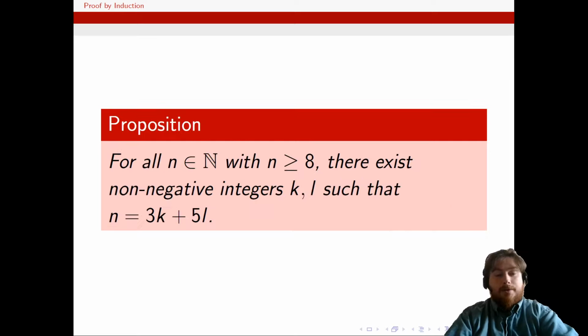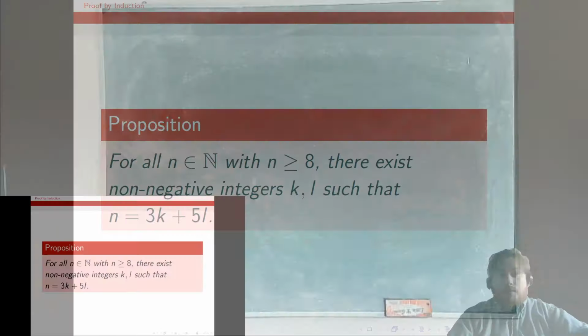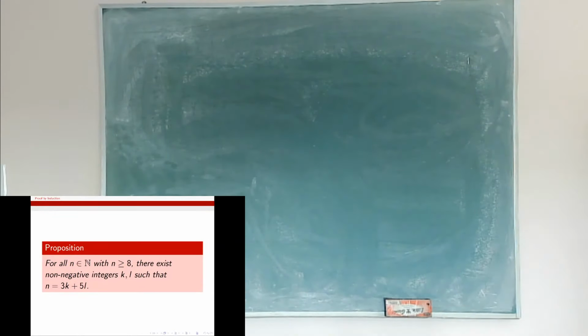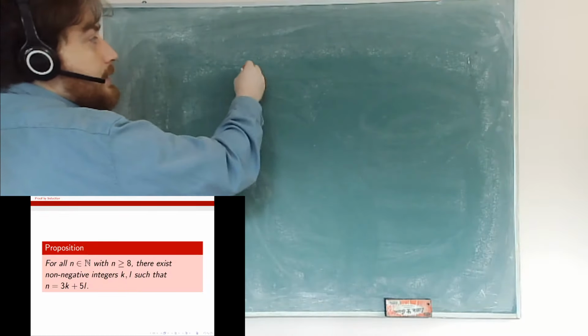Let's suppose that I want to show that for all natural numbers n greater than or equal to 8, there exist non-negative integers k and l such that 3k plus 5l is equal to n. All right. So our base case is 8.